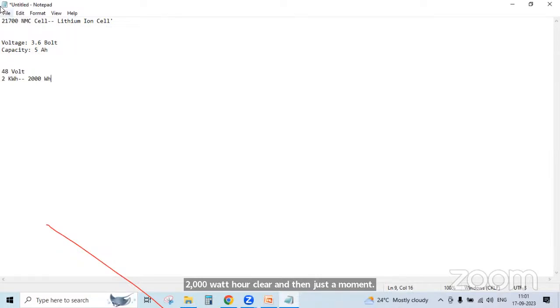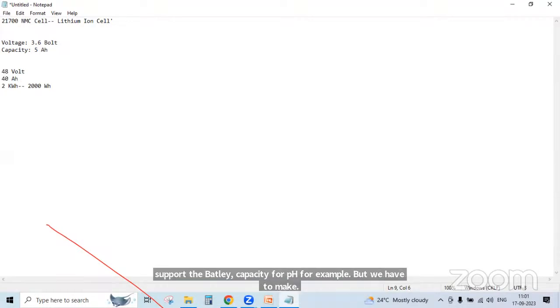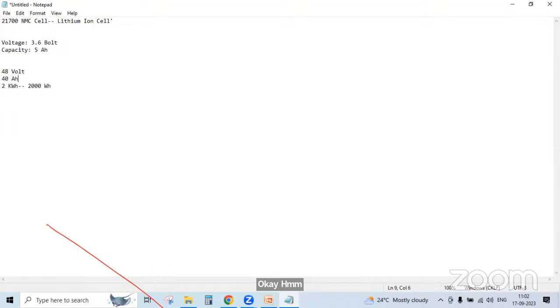And suppose the battery capacity is 40 Ah, for example, a 40 Ah battery we have to make. So these things are there. We have to make a battery pack with a 48 volt system, the current capacity should be 40 Ah, and the overall energy capacity should be 2 kilowatt hour or 2000 watt hour.